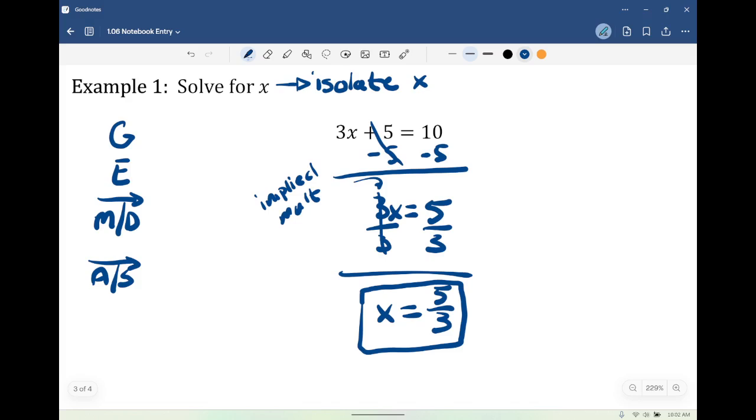What was the first operation we used? Subtraction. Everybody, what was the second one we used? Division. Is that our normal order of operations? No.